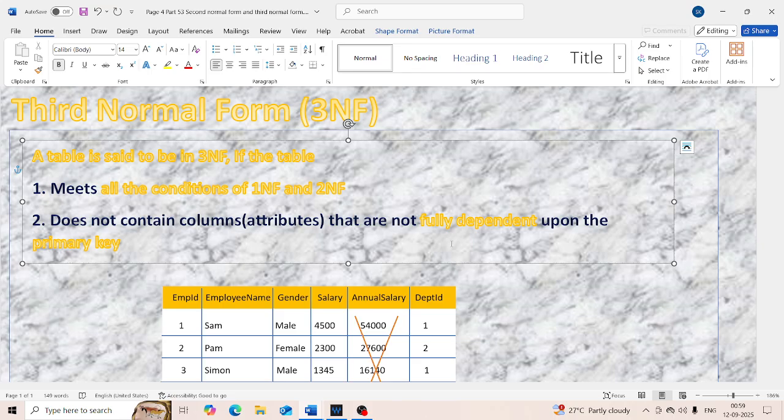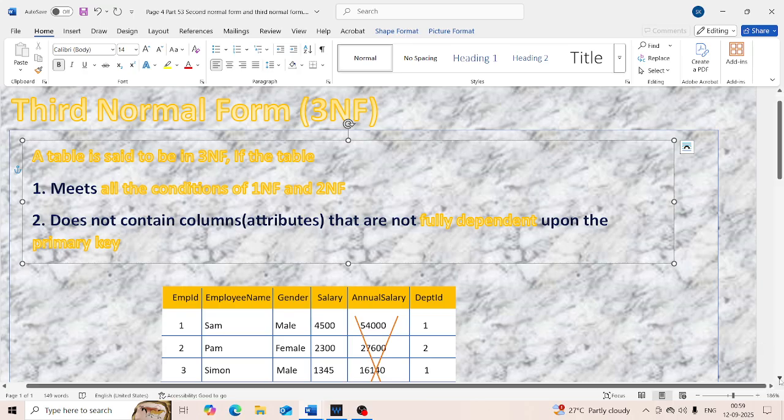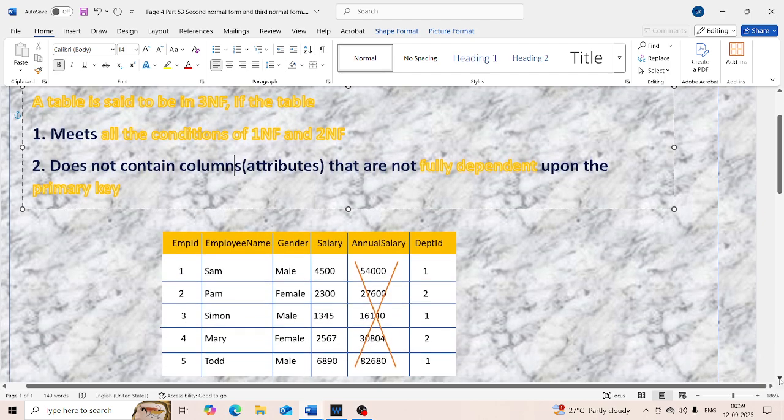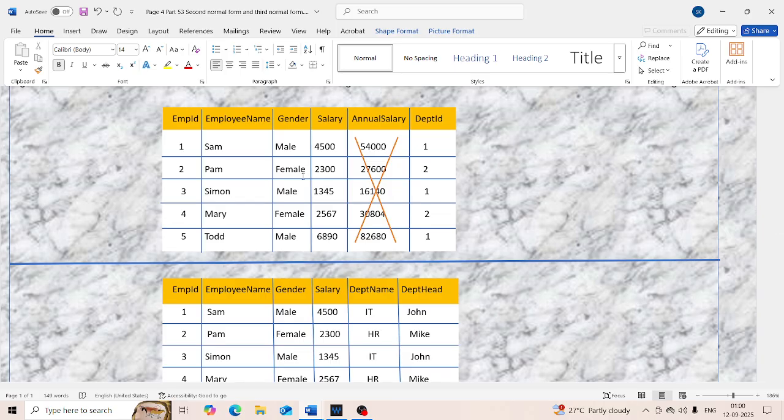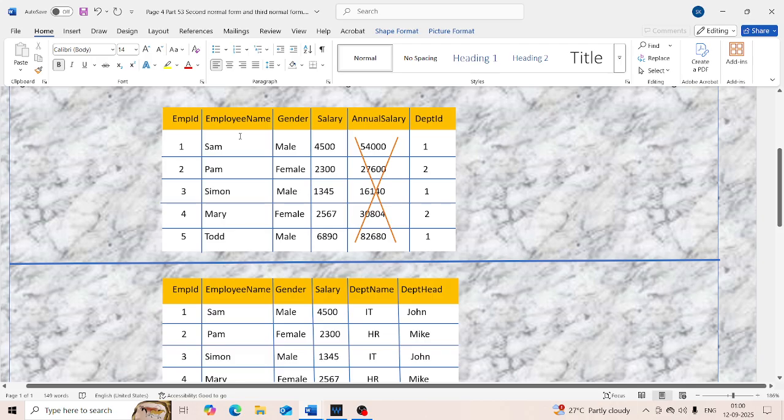Okay, what do we mean by this? Now if you look at this employees table here, I have got employee ID, name, gender, salary, and then there is another column, annual salary, and then department ID.